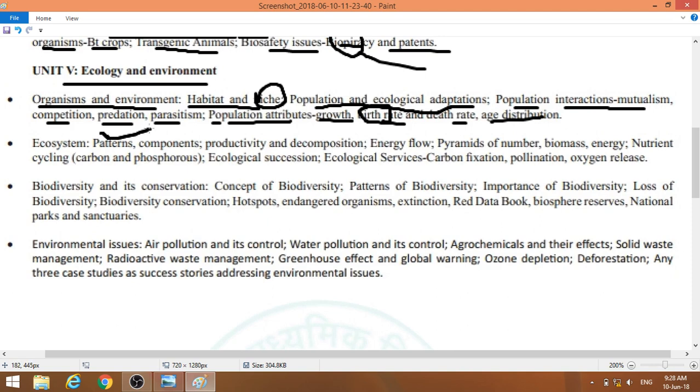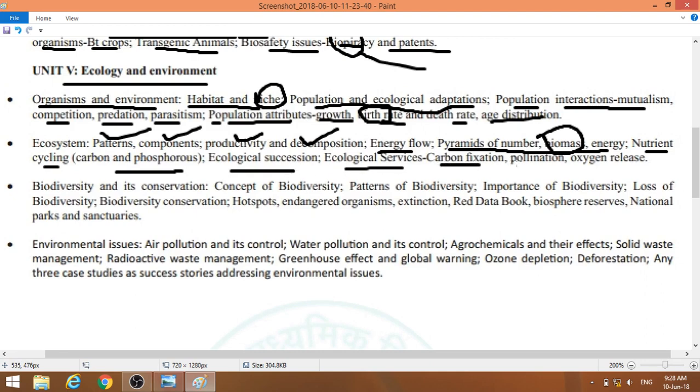Ecosystem, patterns, components, productivity and decomposition, energy flow, pyramid of number, biomass, energy. There is a question from pyramid of biomass. Nutrient cycling, carbon, phosphate, ecological succession, ecological services, carbon fixation, pollination, oxygen release. Biodiversity and its conservation. Concept of biodiversity. What is biodiversity? What are its patterns? Importance of diversity.